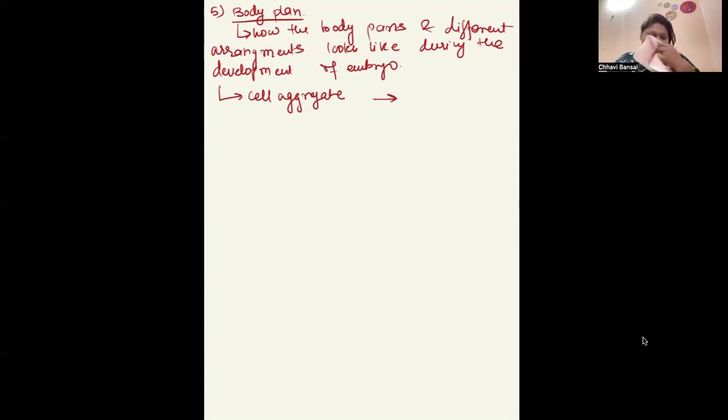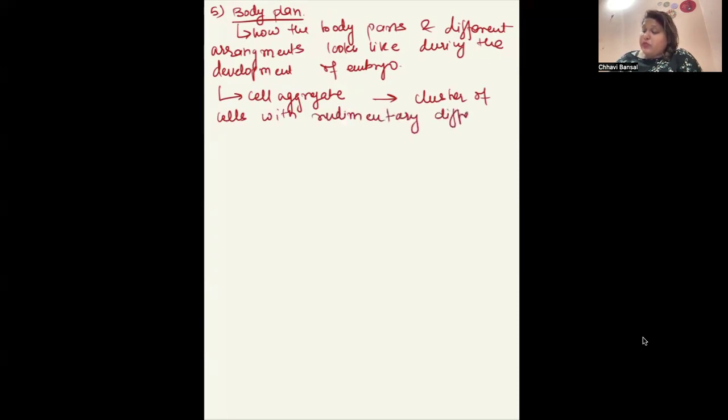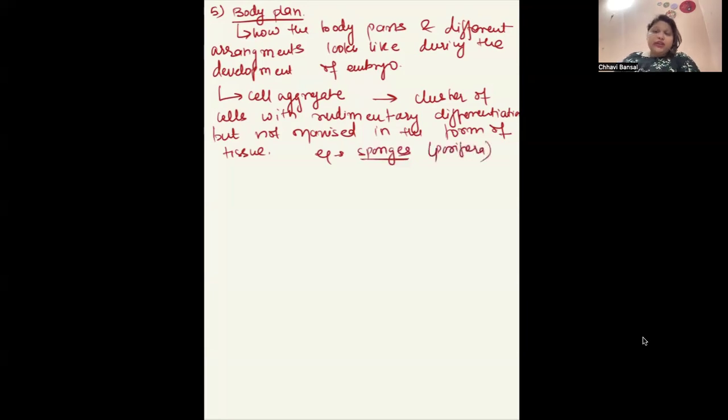Cell aggregate is a cluster of cells with rudimentary differentiation but not organized in the form of tissue. Example is sponges. Sponges is the other name for Porifera. We'll deal with that in detail later, like why they're called sponges and what Porifera is.